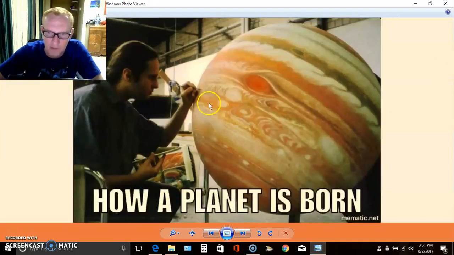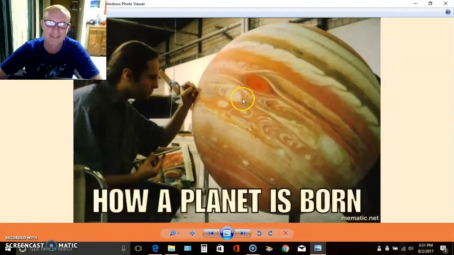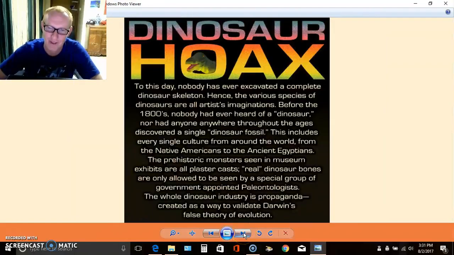How a planet is born, folks. This is how a planet is born. Seriously. Dinosaur hugs to this day. Nobody's ever excavated a complete dinosaur skeleton. Hence, the various species of dinosaurs are all artists' imaginations. Before the 1800s, nobody had ever heard of a dinosaur, nor had anyone anywhere throughout the ages discovered a single dinosaur fossil. This includes just everyday culture from around the world, from the Native Americans to the ancient Egyptians.